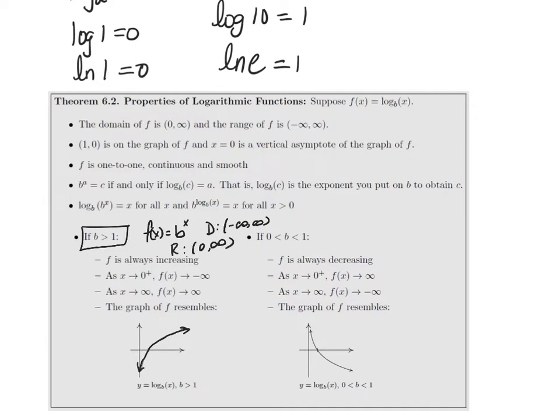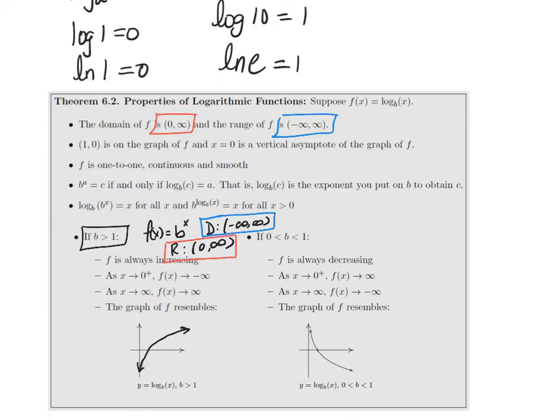Because logarithmics are the inverse of exponentials, you will notice that the domain of my log is the range of its inverse, and the range of my log is the domain of its inverse.